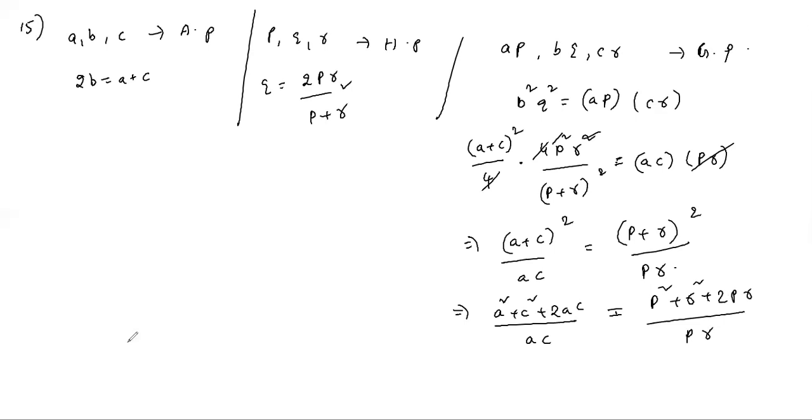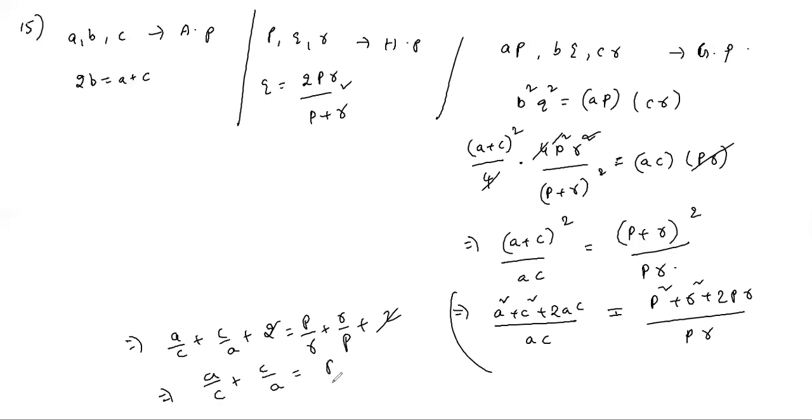Splitting, A square by AC is A by C, C square by AC is C by A, 2AC by AC is 2. Similarly P by R plus R by P plus 2. The 2 will cancel. So A by C plus C by A equals P by R plus R by P. So P by R plus R by P equals A by C plus C by A.